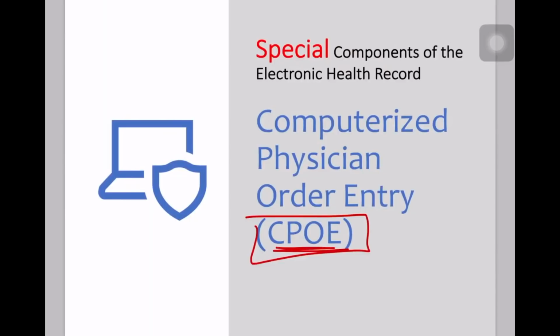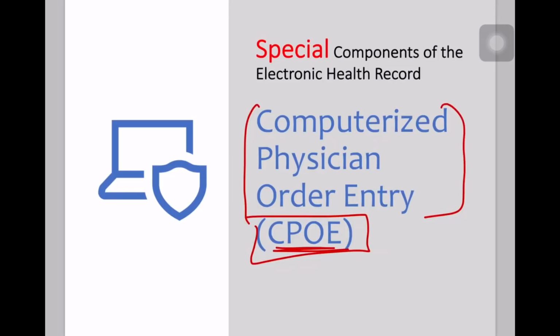Anybody has an idea about CPOE? The people who are in a hospital setting or working in doctors' offices probably have either worked on this system or at least heard this word before.